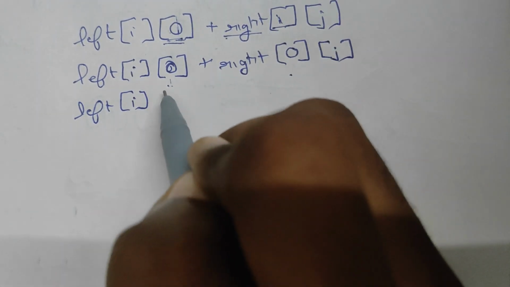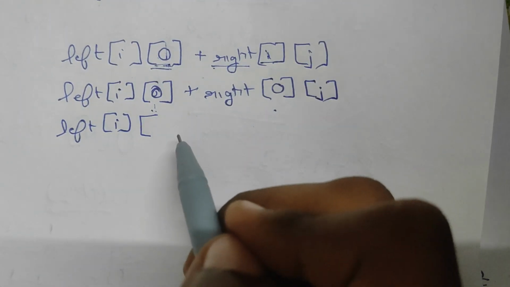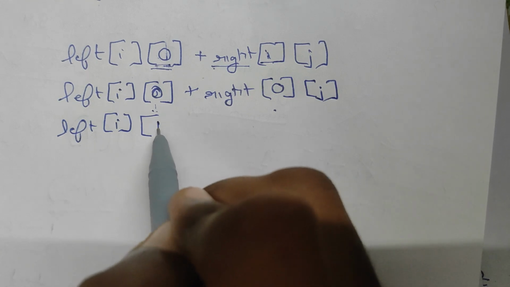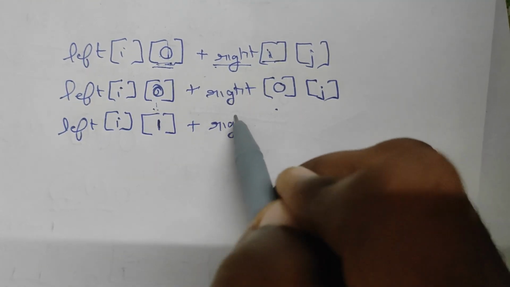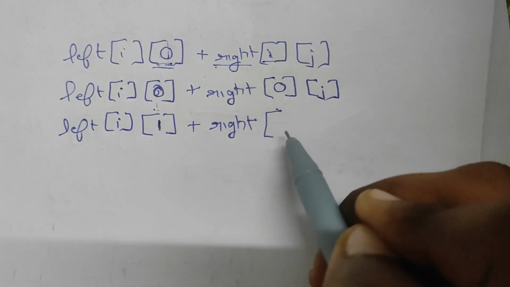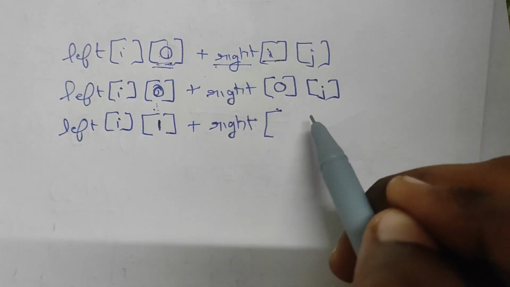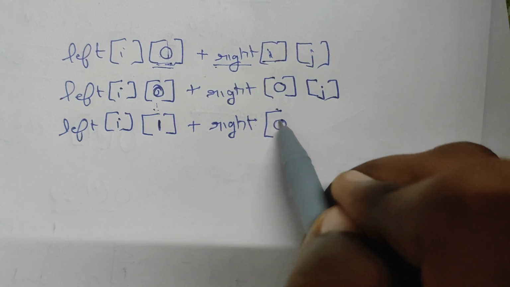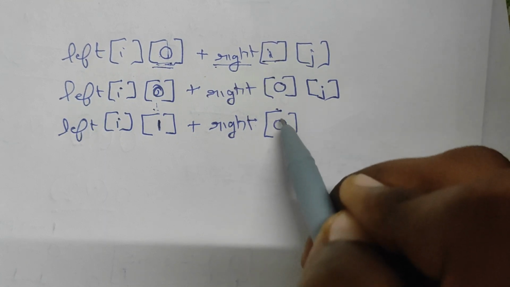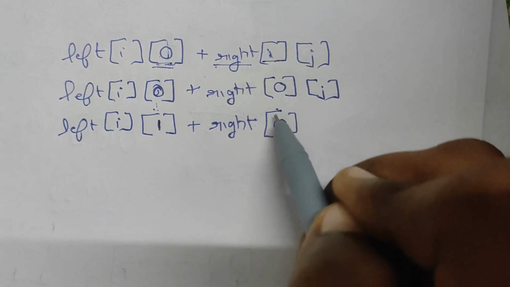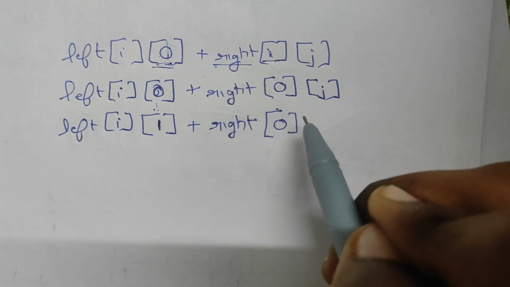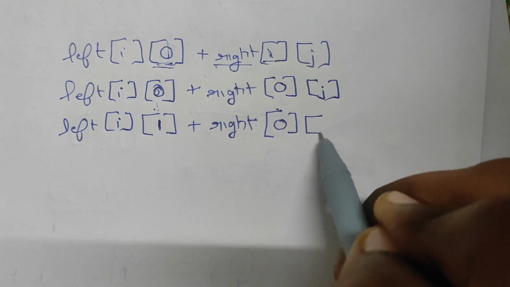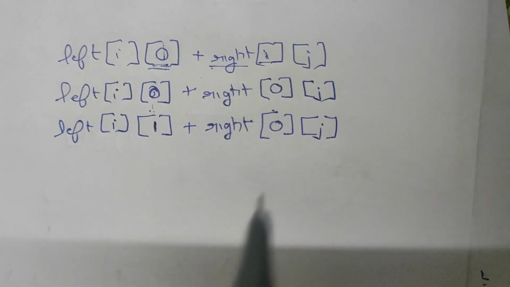Another possibility is the left child can choose the rightmost element, and then the right child has the option to not choose it, because if the right child also chooses the leftmost element, then 2 adjacent elements would be chosen, and that's against our original problem statement.